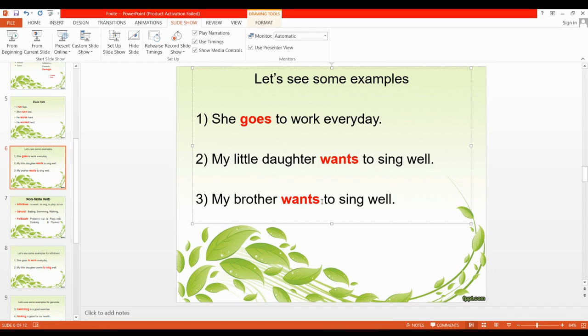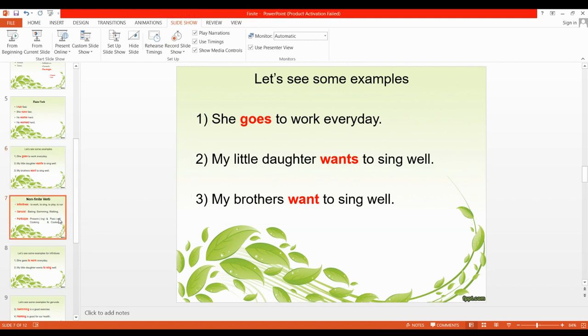Here see the third one. My brothers, plural. So my brothers want. Because here it's plural, we are using want, not adding s. See the difference? Because of this singular or plural or tense or the number, we are changing the verbs. This is called as finite verb.